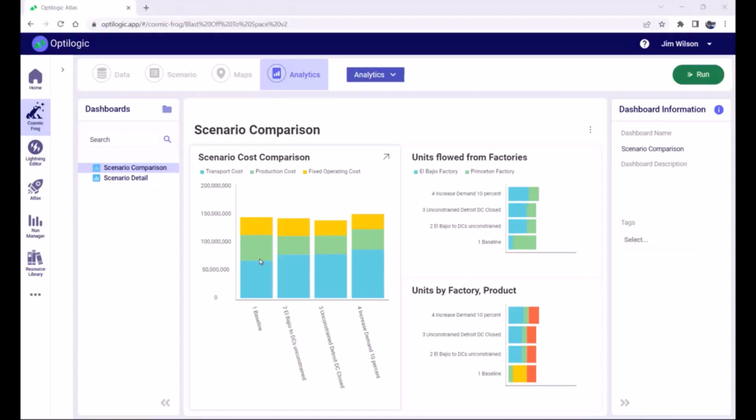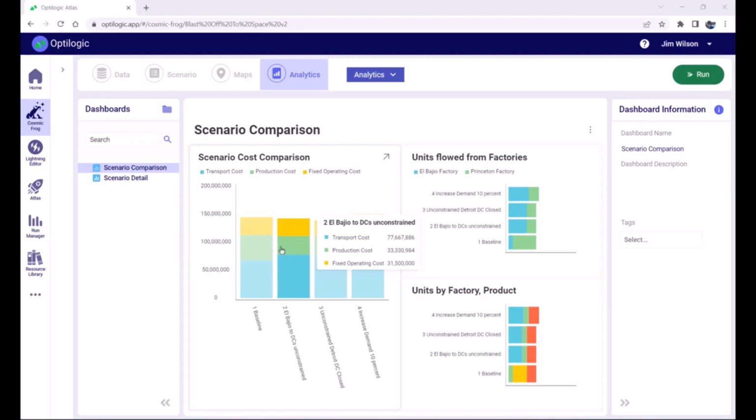So we can see in the baseline that our production costs are about 46 million, transportation costs are about 67 million. And then we also have the fixed operating costs associated with the distribution centres. And when we remove that flow constraint, so when we can now move an unlimited amount out of El Baggio, we can see that the production cost actually comes down to about just over 33 million.